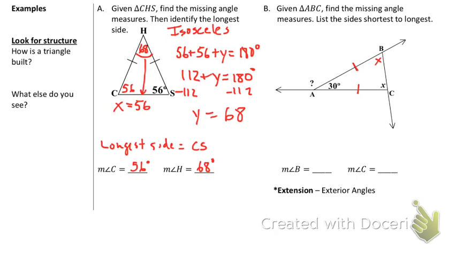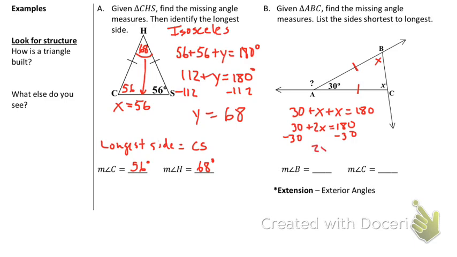So to find these angles, we're going to use, again, triangle sum theorem. So triangle sum theorem says add up all your angles. So 30 plus x plus x, and this should equal 180. Do the math. That's 30 plus 2x equals 180. And solve for x. So I'm going to subtract 30.